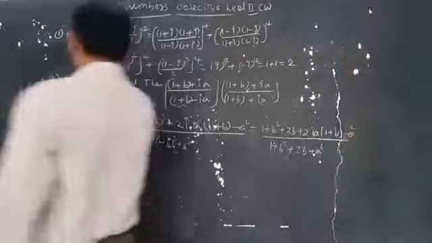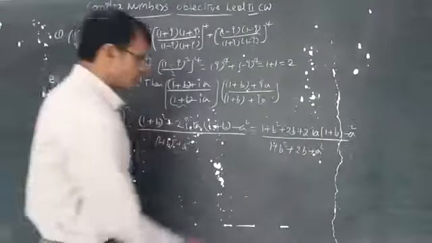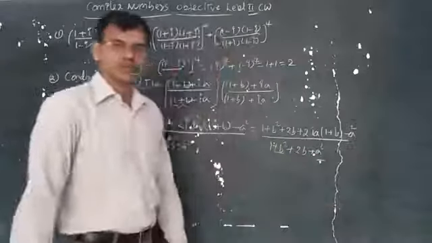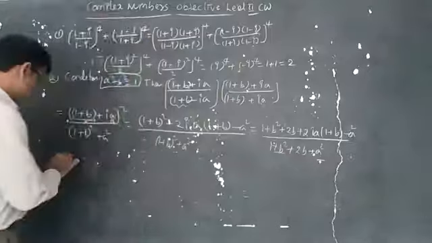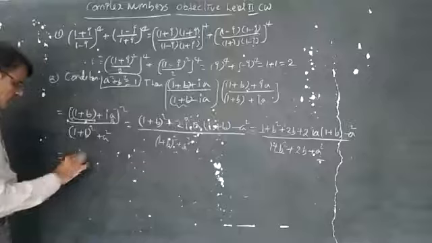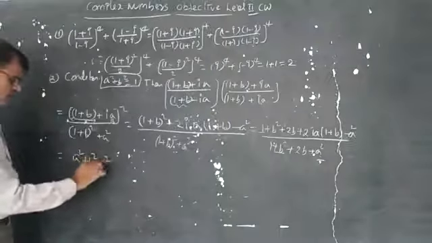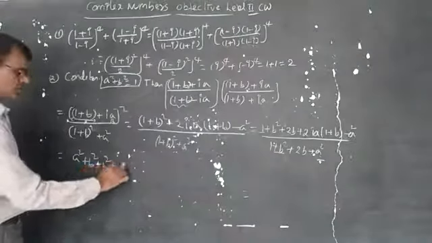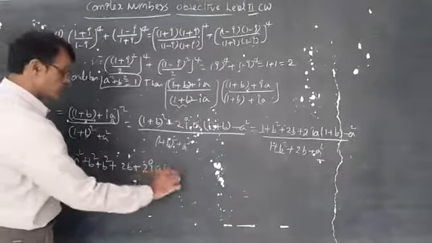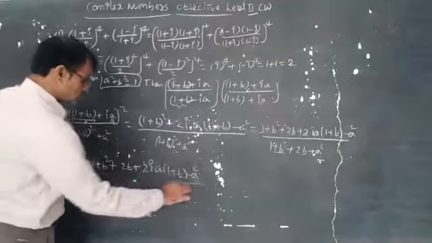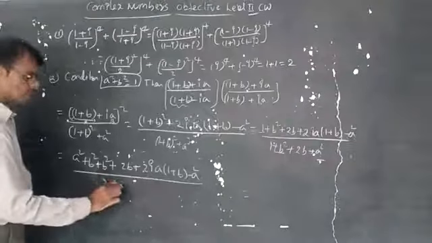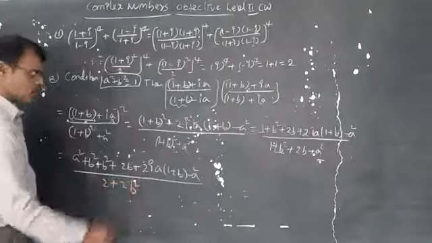Given condition is a square plus b square is equal to 1. Here b square and a square. Right, understand? a square plus b square is equal to 1. So next step I am writing, instead of 1, a square plus b square. a square plus b square plus b square is there, plus 2b plus 2ia into (1 plus b) minus a square, whole by 1 plus b square plus a square becomes 2, because a square plus b square is 1.